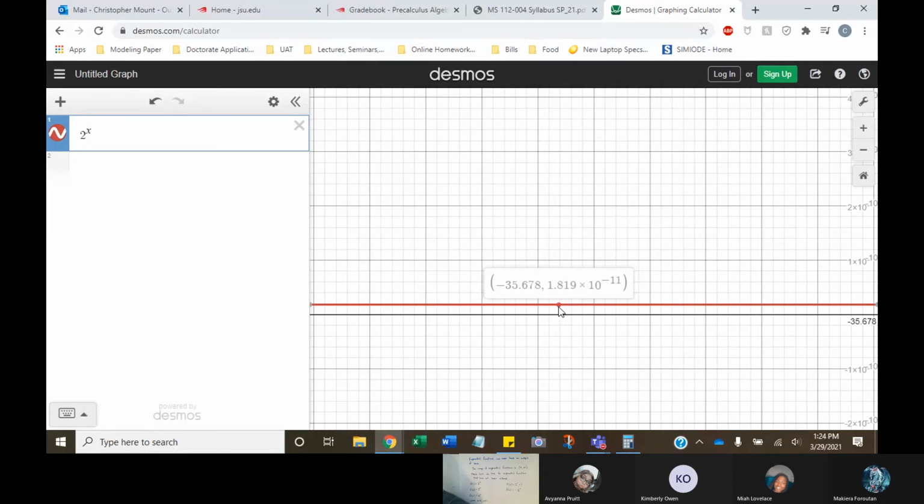See here, the input is about negative 35.678, and the output is this super tiny number, 1.819 times 10 to the negative 11th. The times 10 to the negative 11th means you would have 10 zeros before you got to the 1819. So a super tiny number.